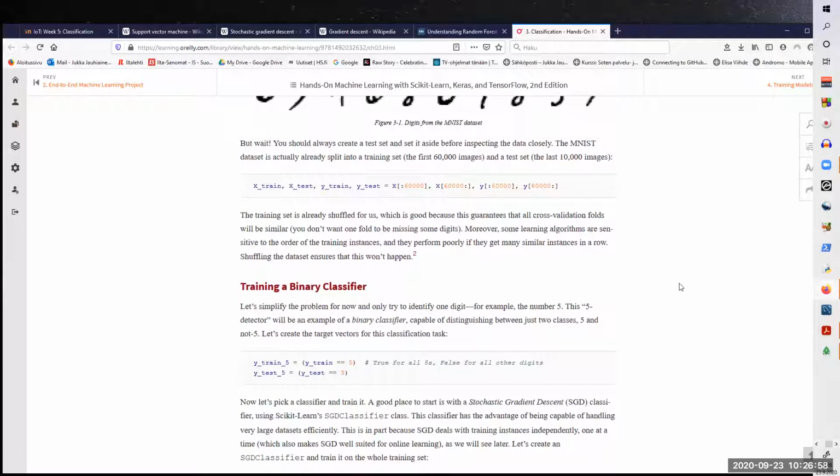As we have already discussed before, in these supervised learning tasks, we need a test set and a training set. And this MNIST database is already split into these training and test sets. So there are 60,000 training images and 10,000 test images, which can be split quite easily.